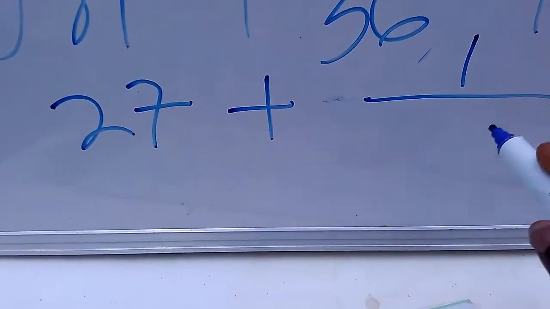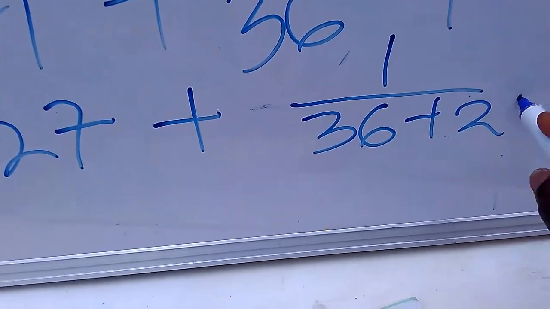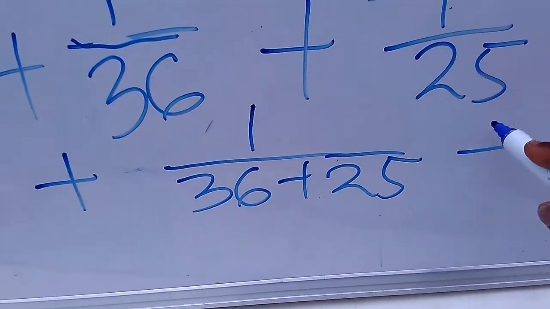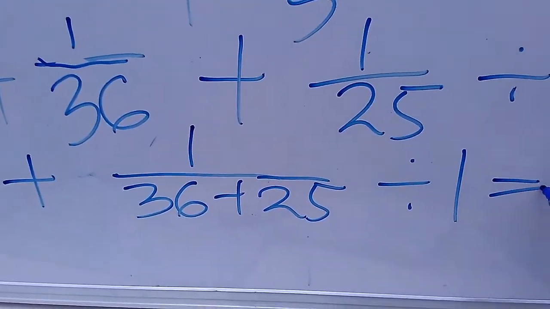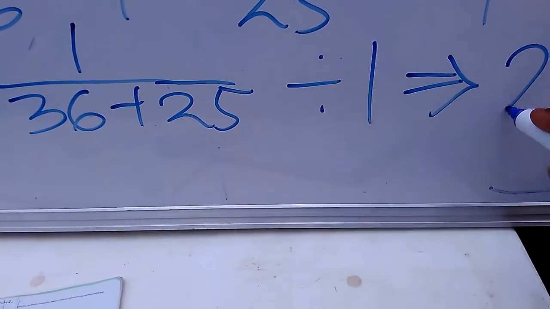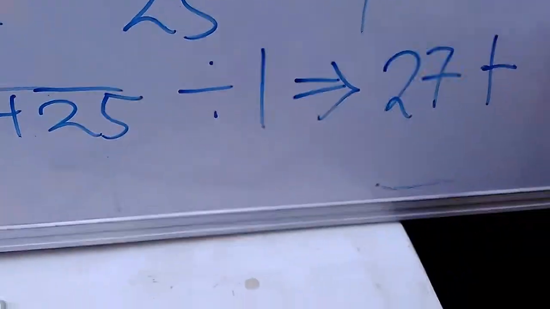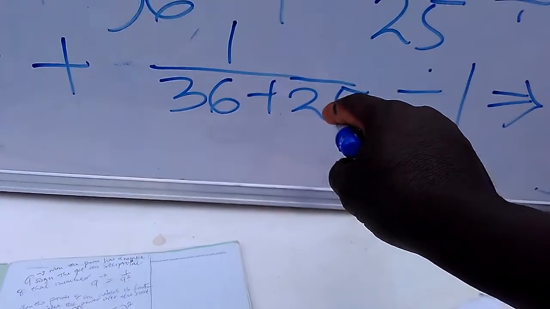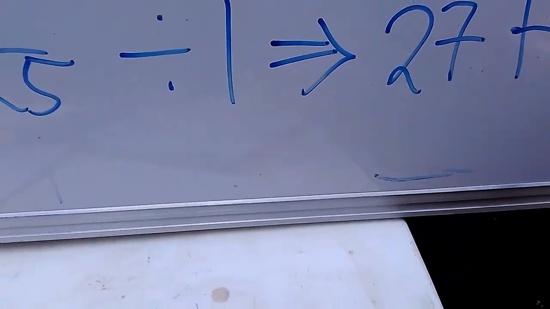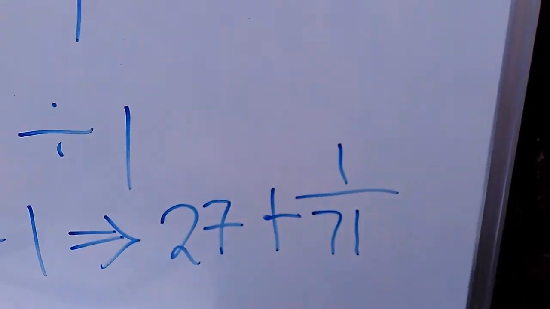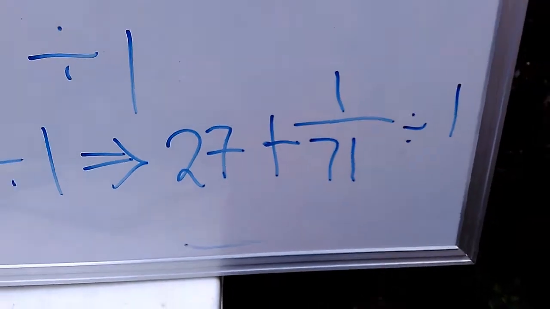This will go like this: 1 all over 36 plus 25, divide by 1, which will give you 27 plus 1. 36 plus 25 will give you 61. 1 all over 71 divide by 1.